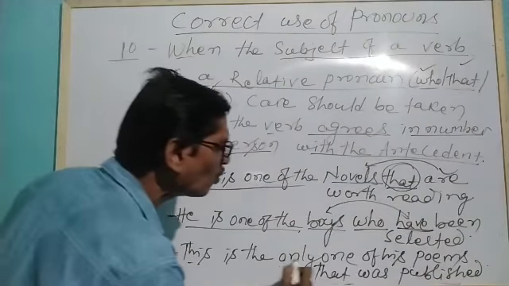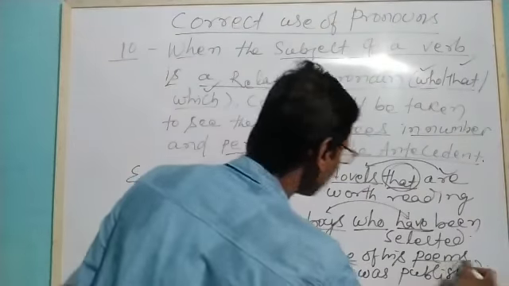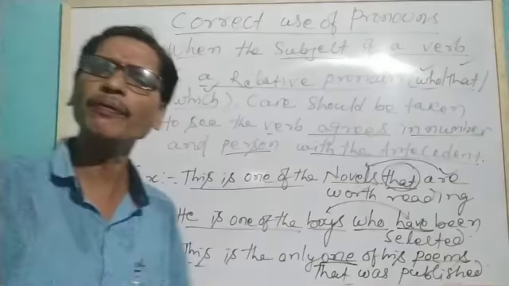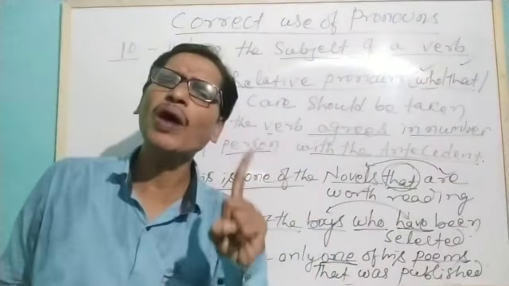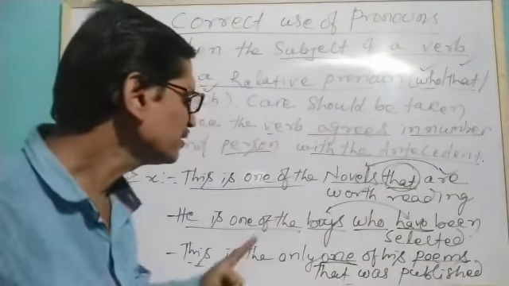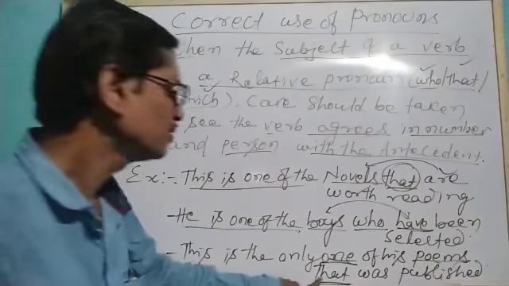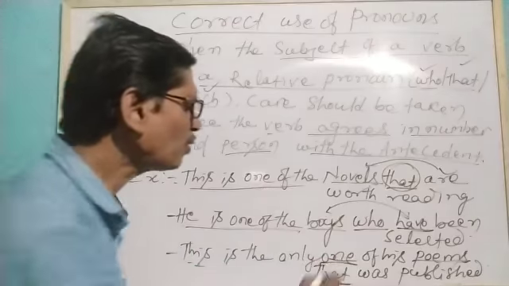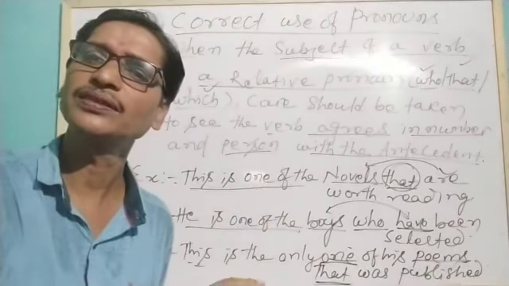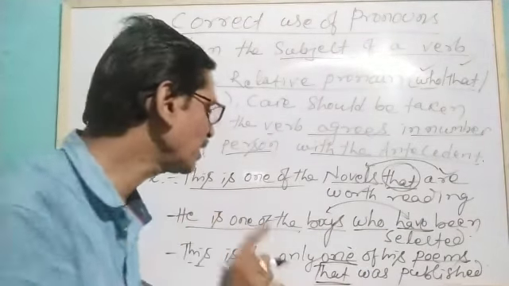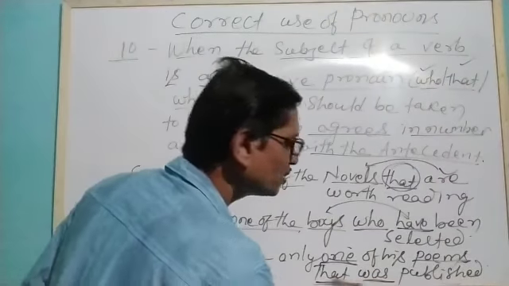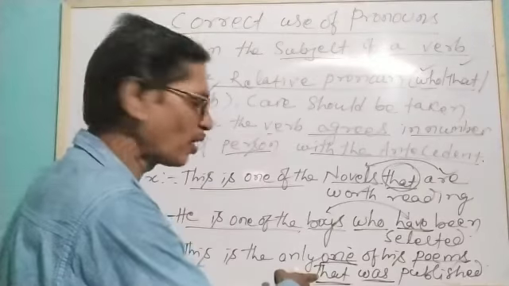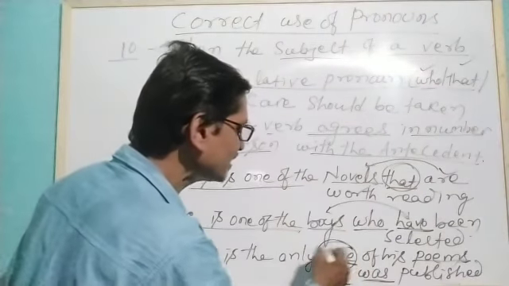So the next thing is: this is the only one of these poems. Here, of his poems, this is the only one. Understand? So that is used as a subject. We are talking about one of his poems, therefore we have used the singular verb after the relative pronoun, because one is the antecedent over here.